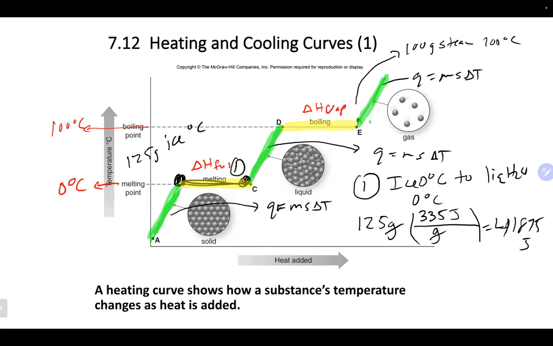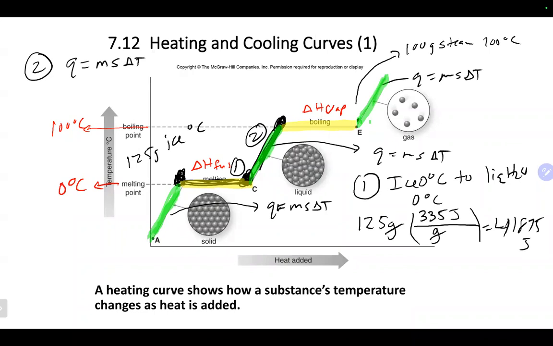So this is the energy required to take us from basically here to here. At this point, we are sitting at 0 degrees Celsius liquid water. The next process would be going from there all the way up to 100 degrees liquid water. And that would be the second step. And that would be the same phase, but different temperatures.